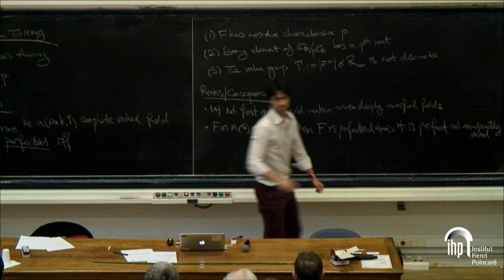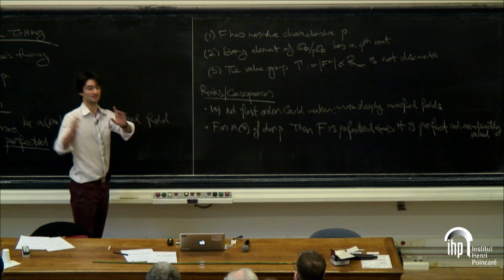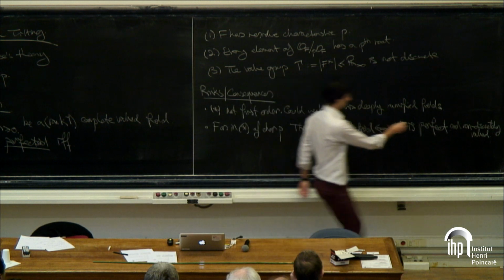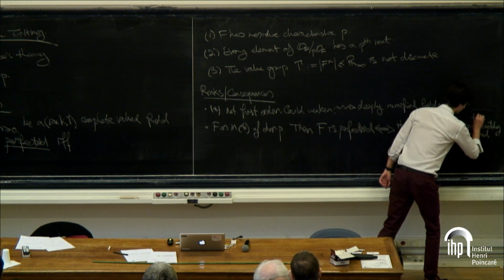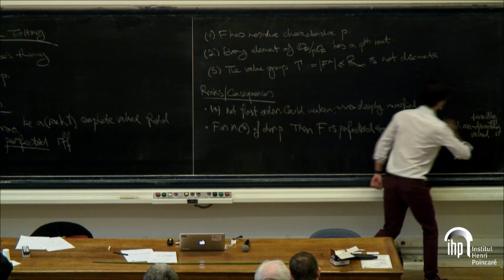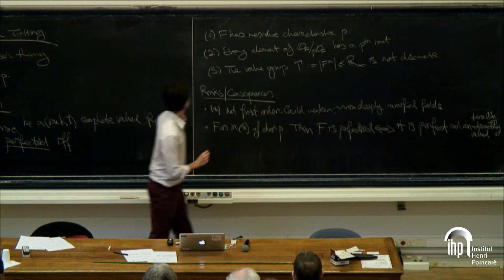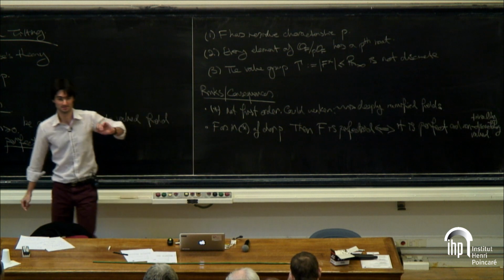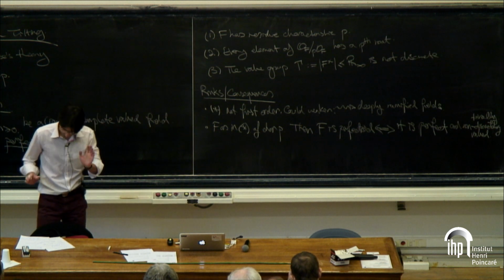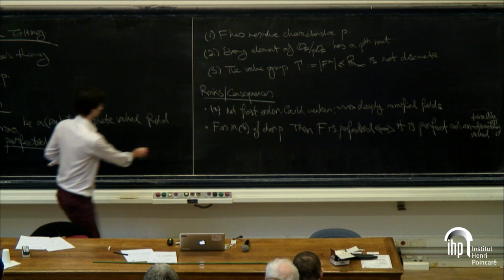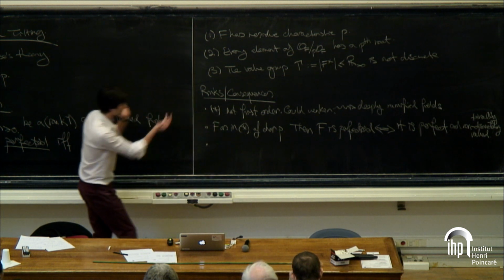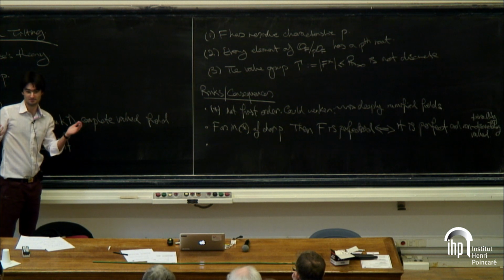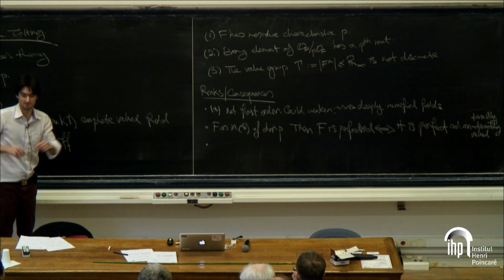Otherwise something's going to go wrong. Let's say not even non-trivially valued. It could be trivially valued. So I can be even more strict and say non-trivially valued. As soon as I'm non-trivially valued, then I've got to be non-discretely valued. Certainly I'm residue characteristic p, and if I'm perfect, then everything has a p-th root. Forget about the mod p. So the goal of these perfectoid hypotheses is to somehow extend the notion of perfect field to the case of characteristic 0, like mixed characteristic fields.